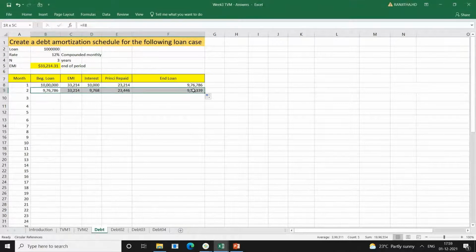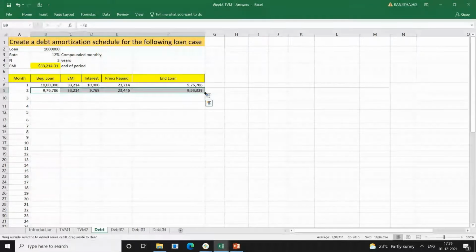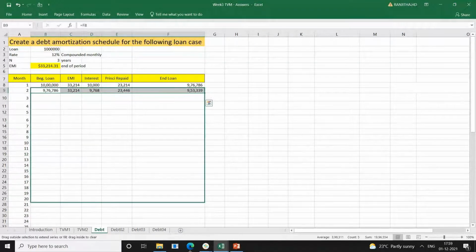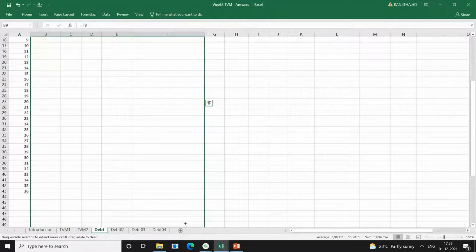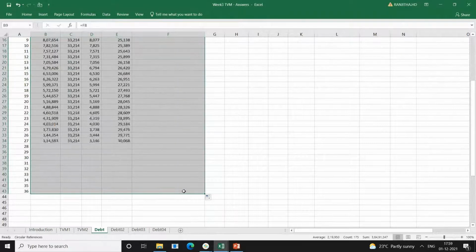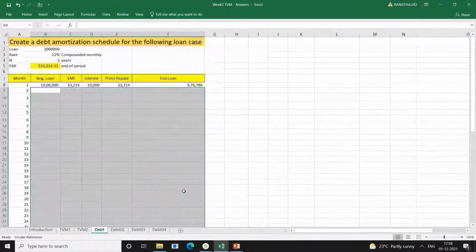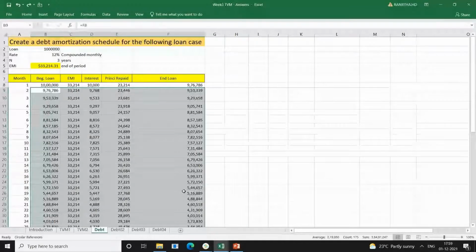The second row you selected, click on the dot, drag down.